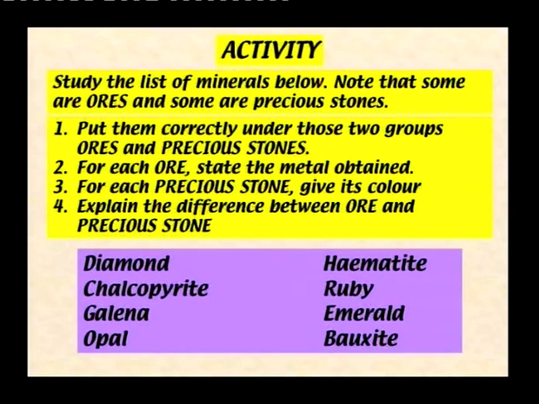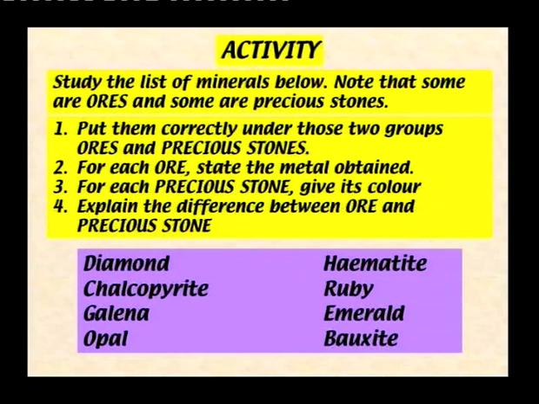Okay, then the next thing you are going to actually do after you have identified from the list here those different minerals, which ones are ores and which ones are precious stones, you put them into the 2 columns.